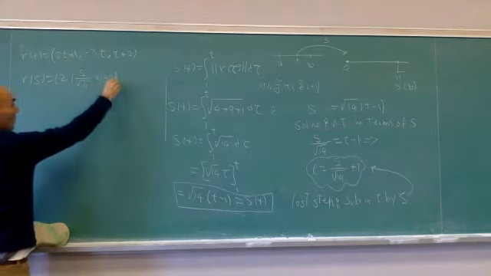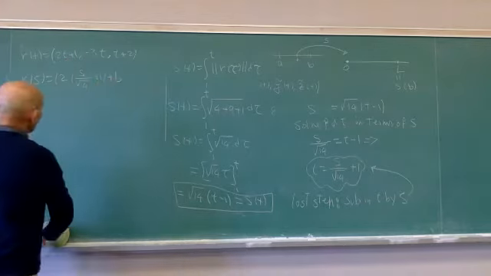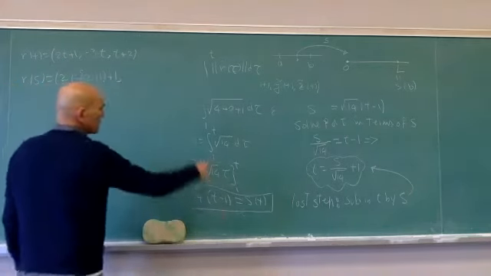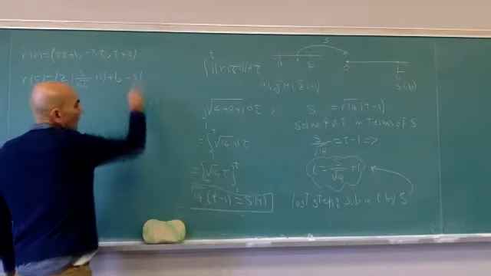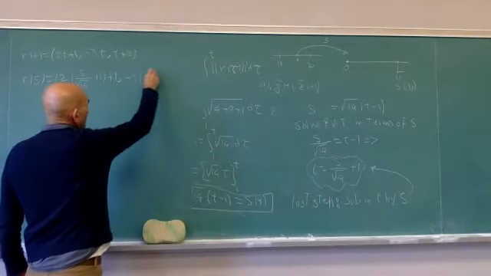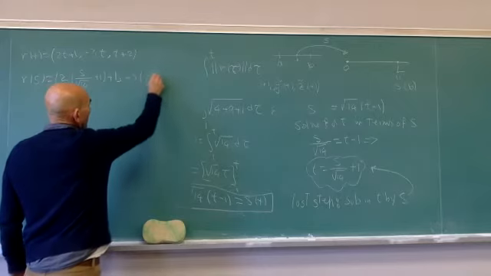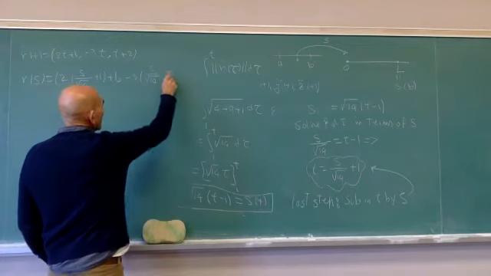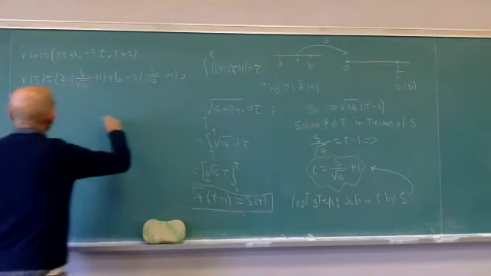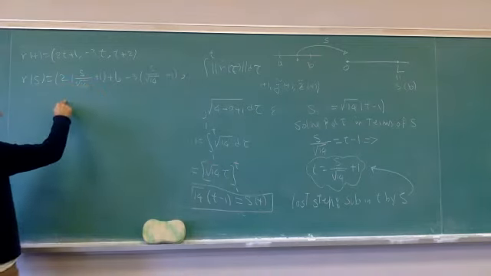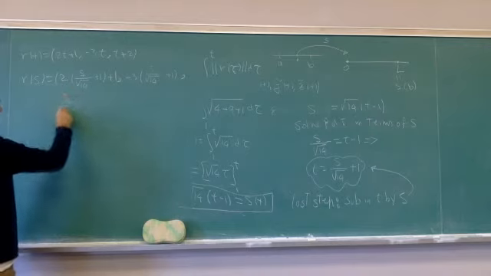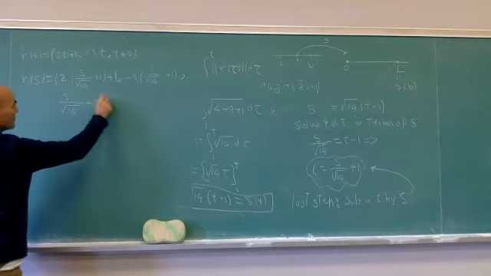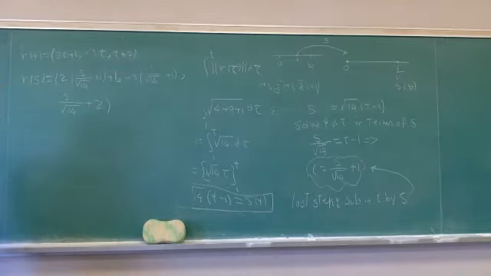Next term would be negative 3 times s over root 14 plus 1, and the last part, t plus 2, where t is s over root 14 plus 1.